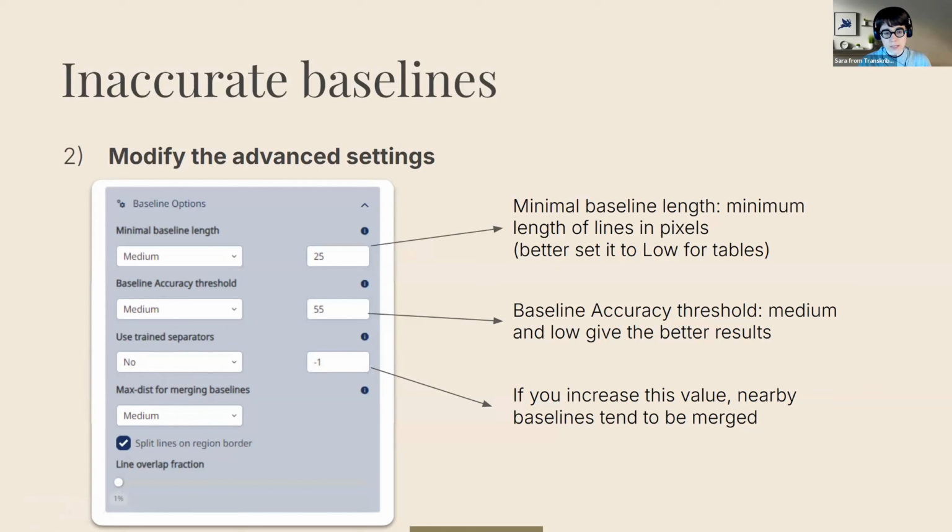If you set it to sometimes or, oh no, sorry, it's the other way around. So if you see that baselines that shouldn't be merged are merged together, you need to set the train separator to sometimes or yes, sorry.